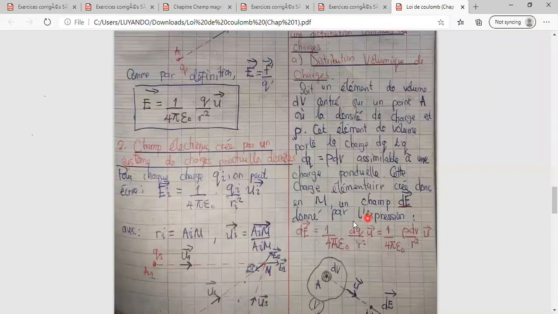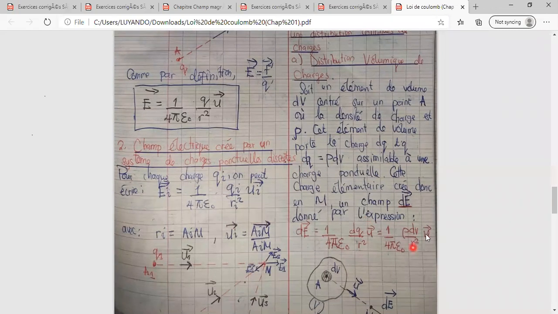So where there's dQ here, you can replace it with rho dV, because we're finding the electric field at a given volume, and we have our expression for the amount of charge in a given volume.